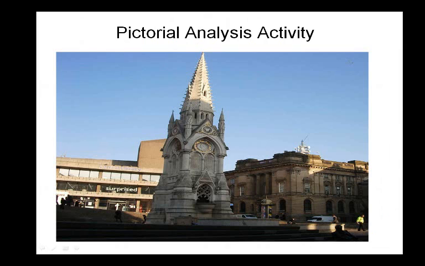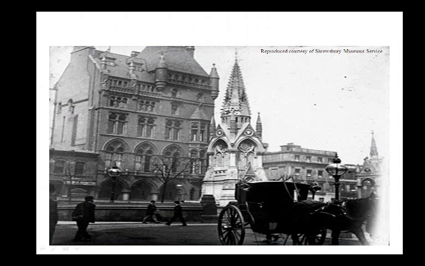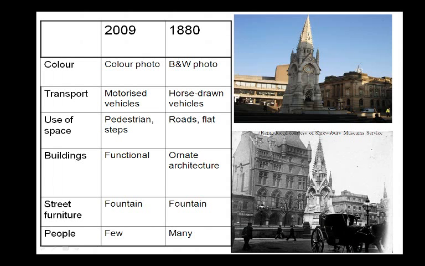It might be pictures. Here you can see a picture of the old Central Library in the background in Birmingham. Here you can see a picture taken from the same point, but obviously in the past, and you can see that the architecture, the buildings, are very different to the previous photograph.